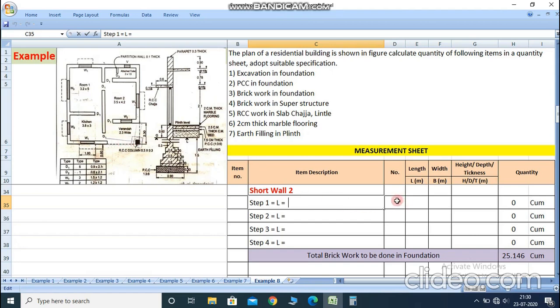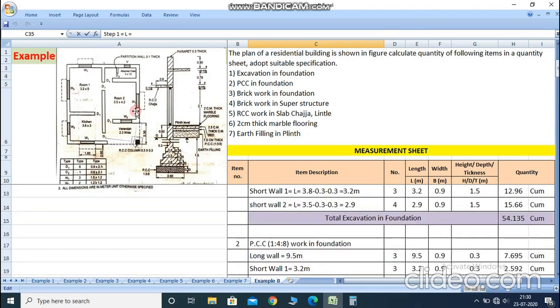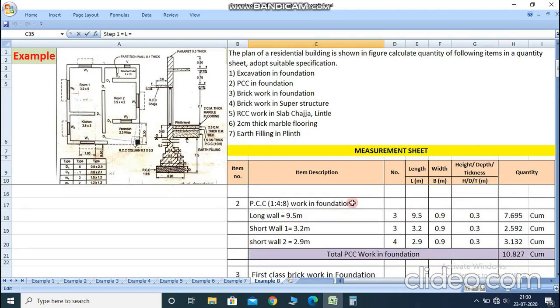So the number is 4 for all the 4 steps. Then the length of short wall 2 is 3.5, the total length. Short wall 2 length of 2.9 was already calculated in the excavation for foundation.